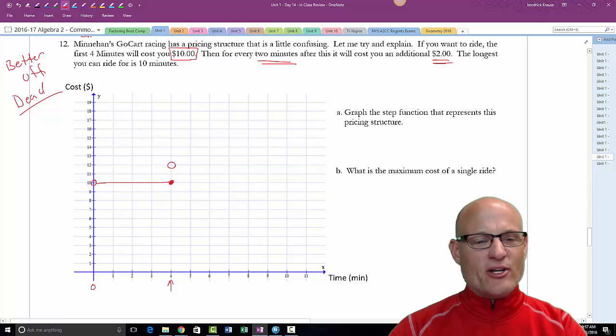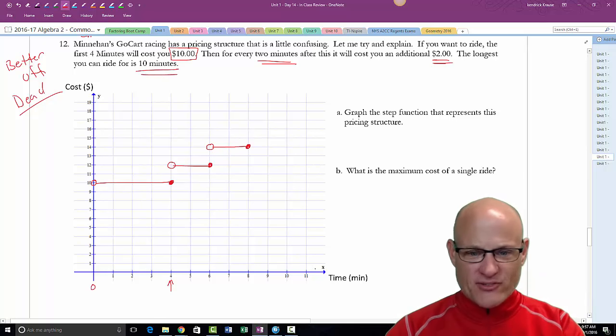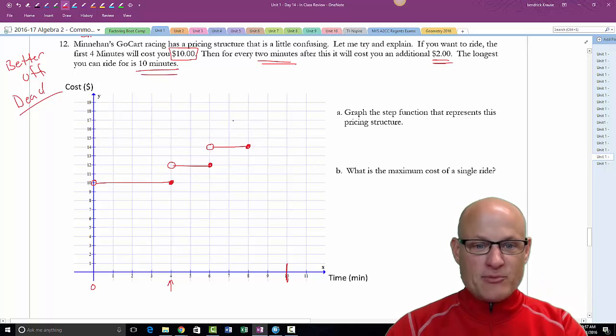But as soon as I go a little bit past it, it's going to cost me $2 more, and that's good for the next 2 minutes. And then I'm going to go up by $2, and for the next 2 minutes. Now, the longest I can go is 10 minutes, so I have to stop here at 10 minutes. I can keep doing this, but I got to stop when I get to 10 minutes, which I think is the next one.